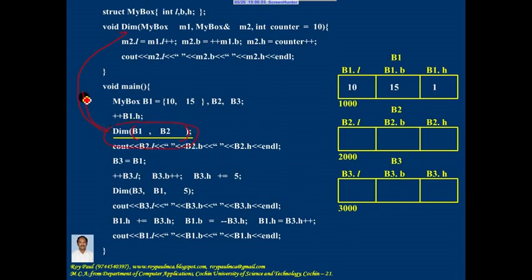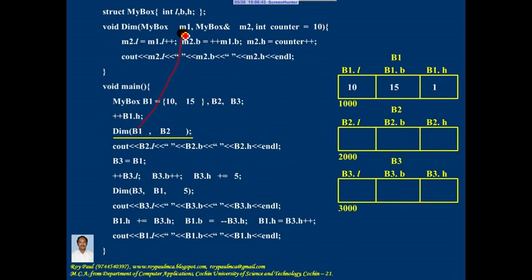Now the first argument is passed to the first parameter, the second argument is passed to the second parameter, and here the third argument is not given, so by default the default value appears in the third parameter. And suppose the third argument was also given, say for example 5, then that 5 appears in the third parameter.